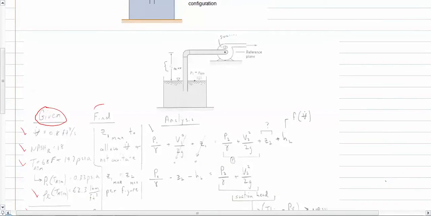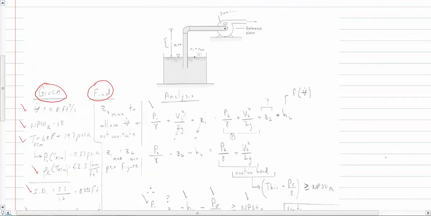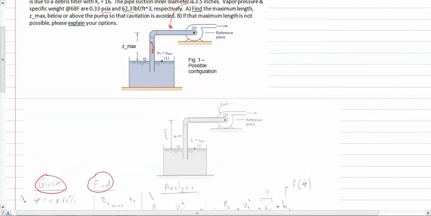I then want to be clear about what I'm seeking to find, so I make sure it's Z max, and we want that elevation changed to ensure that there's no cavitation. The best place to start this problem is to identify points, and we've been given a nice hint about points 1 and 2, so we identify those, and we want to be clear about the control volume, so we might label it so there's no confusion.